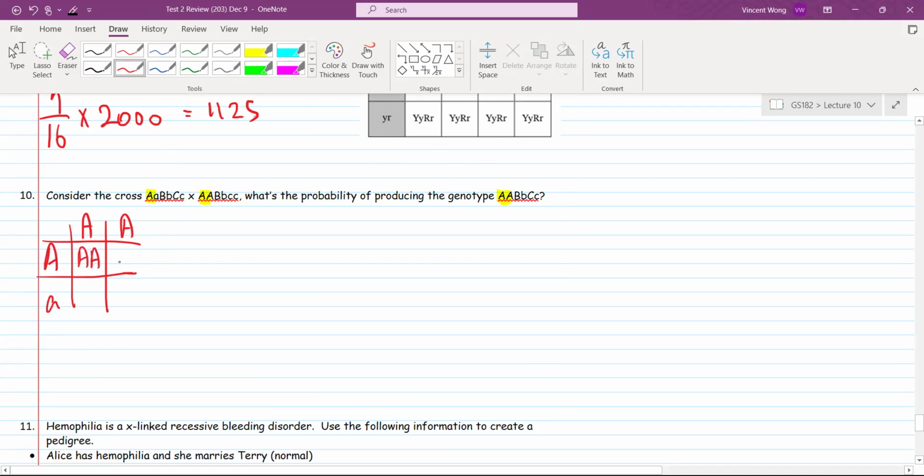So fill in the table like you normally would. And based on this, what's the probability of big A, big A? Well, 2 out of 4, right? So that's 1 over 2.